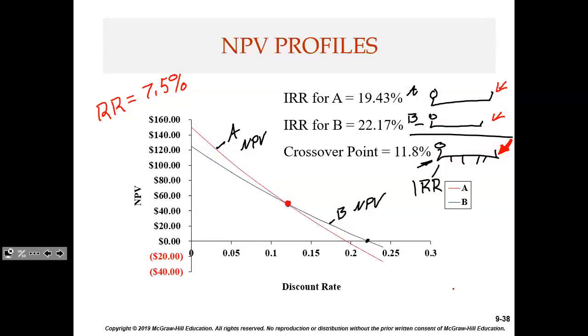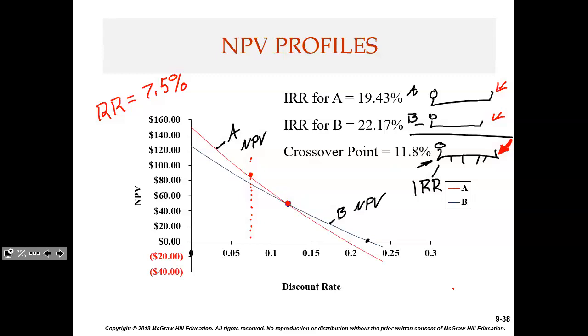So let's take this line up. We go right there, and we see that project A has a higher net present value than project B. So with the two projects, if they were mutually exclusive, we could only take one project, we would choose project A because it gives us a higher net present value. We're adding more value to the firm with project A.